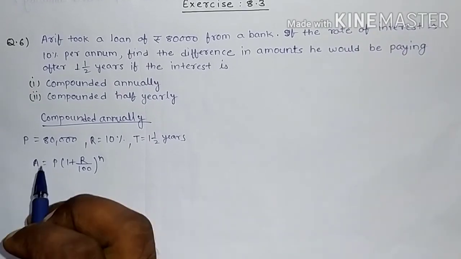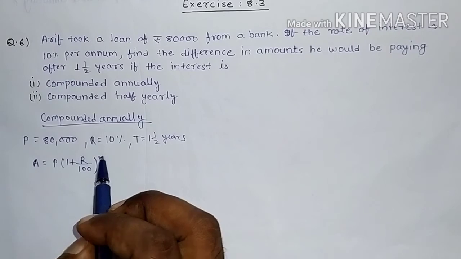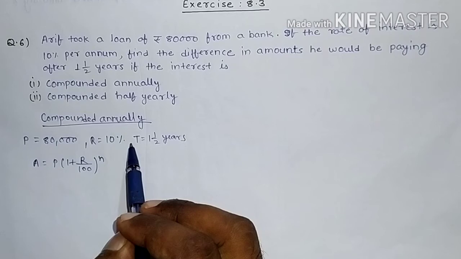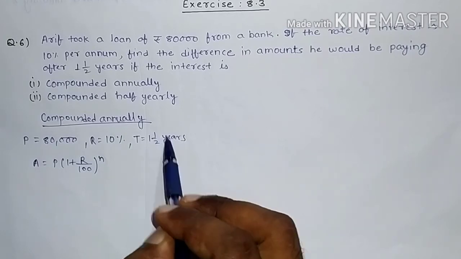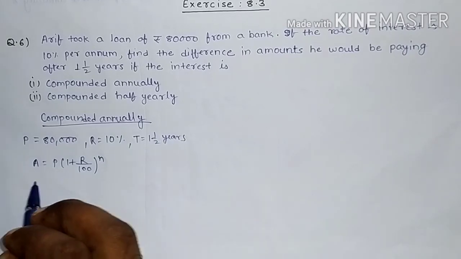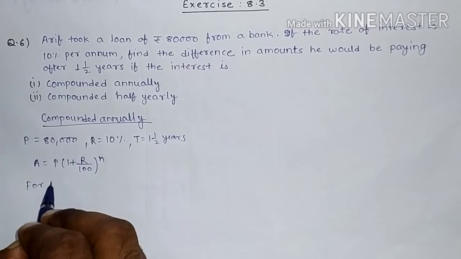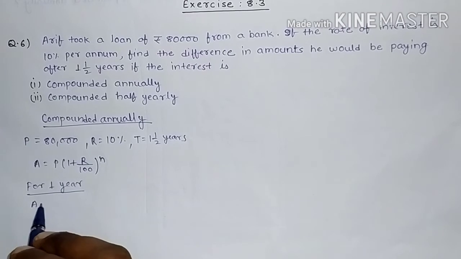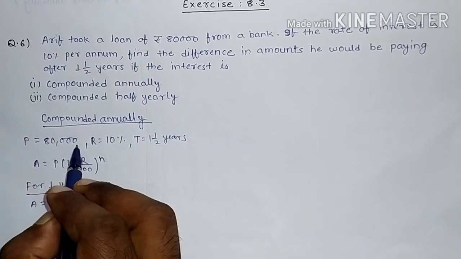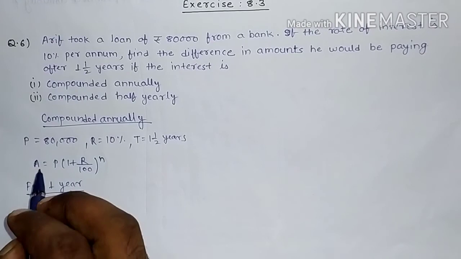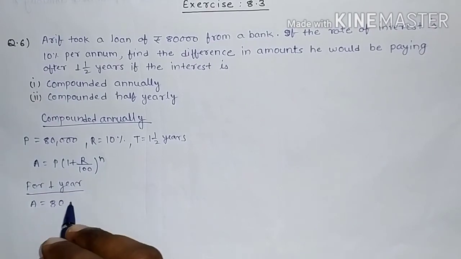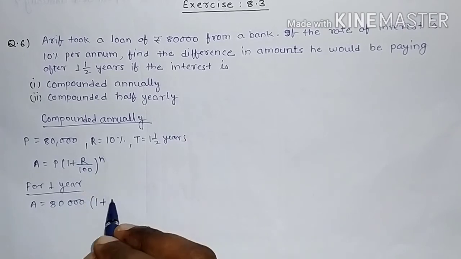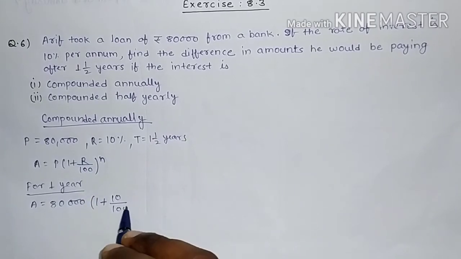So what we have to do, first of all we have to find the amount for 1 year. After this we have to find interest for half year. So for 1 year, amount equals P, so 80,000 principal is given, just put the value 80,000 into 1 plus R, given 10%, so this is 10 upon 100 to the power n.